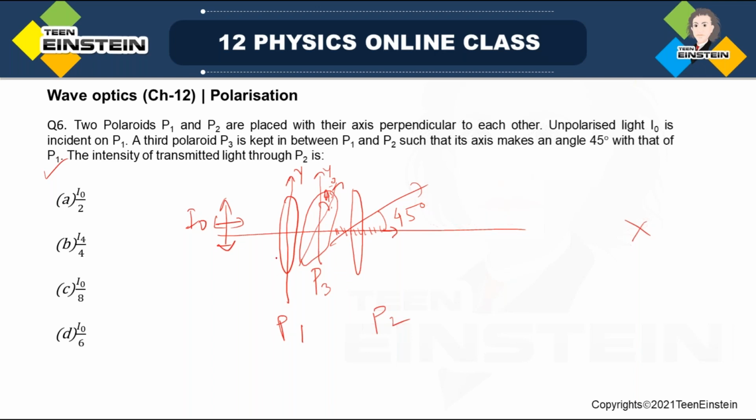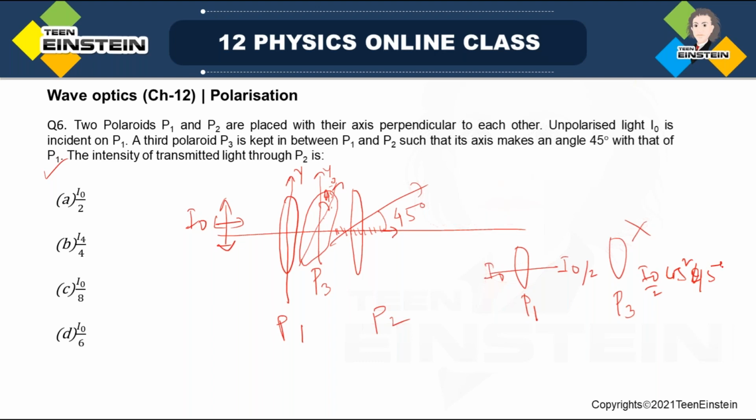So ultimately, after passing through P1, intensity will be I0 by 2. After passing through P3 here, it is I0 by 2 cos square theta.